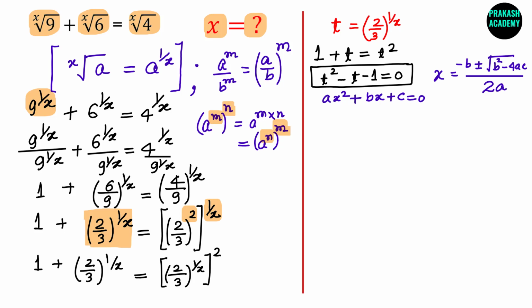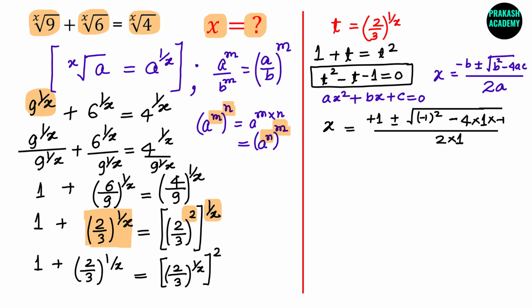Now using this formula I can find the roots. b is minus 1 in this case, so minus b is plus 1, plus or minus the square root of b square, which is 1, minus 4 times a, which is 1, times c, which is minus 1, and this is divided by 2 times a, which is 1. So we get 1 plus or minus root 5, divided by 2.